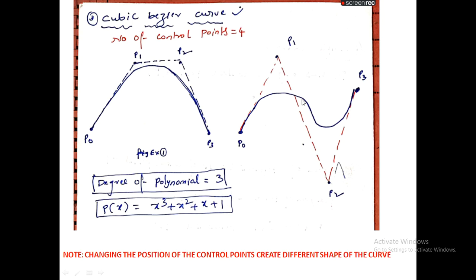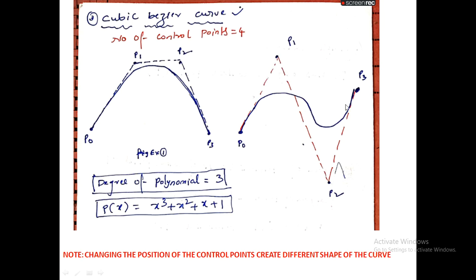Now try to observe the second example. In the second curve, I am using control points P0, P1, P2. This is also a Bezier curve only. Now you see the position of the control points P0, P1, P2, P3.